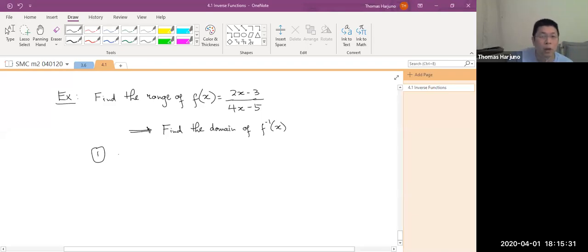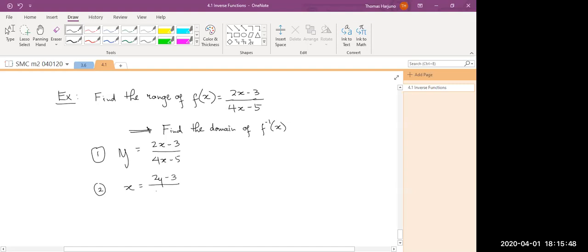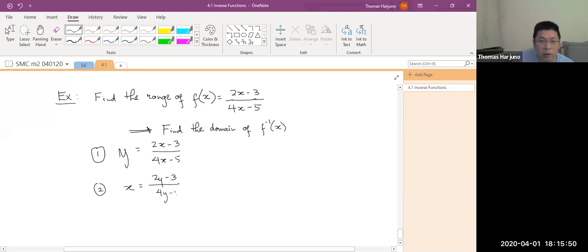So step 1, y equals 2x minus 3 over 4x minus 5. Step 2, x equals 2y minus 3 over 4y minus 5.